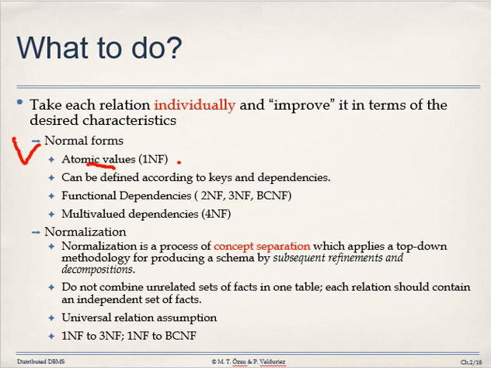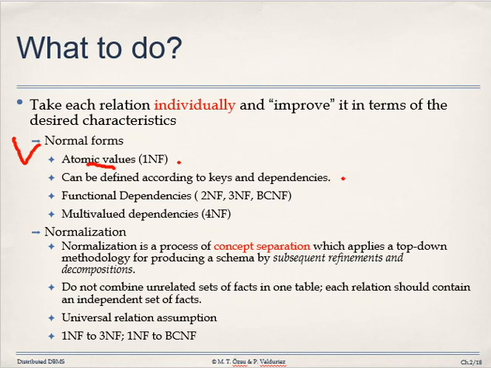So in first normal form, for each and every attribute the value should be atomic, meaning a single attribute may only contain a single value; multiple values are not allowed in first normal form. It can be defined according to the key and dependency.